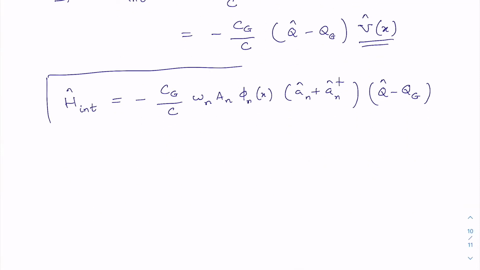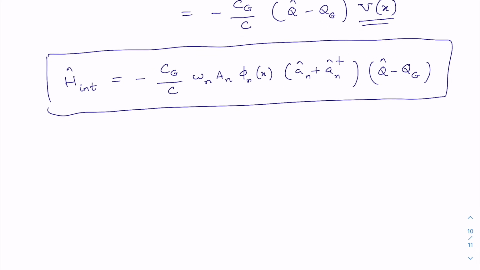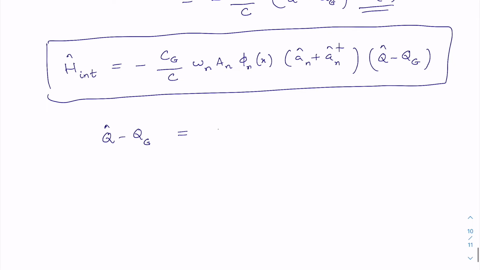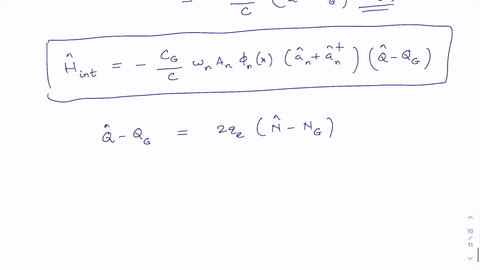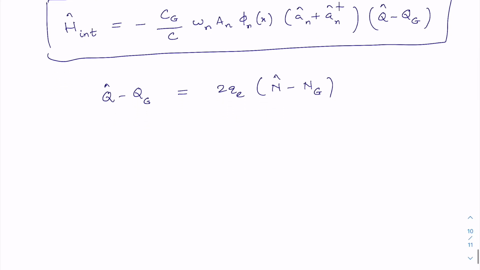Now I can exploit the fact that I can write my charge operator in terms of the number operator, as we discussed, I think, in lecture 12 earlier. So I can write it as twice qe into n minus nz. N is the number operator. Now let us concentrate only on the ground state and the first excited state.